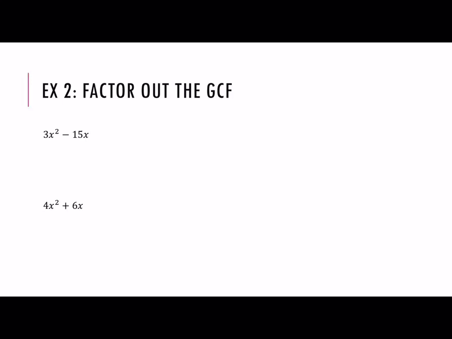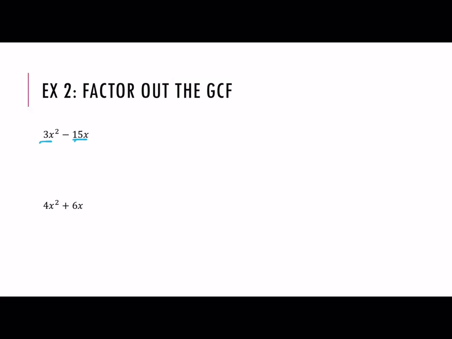Okay, so two quick examples of factoring out the greatest common factor, because this is part of breaking an expression down into its prime factorization or its irreducible factorization. All right, so we look for the greatest thing that can be divided evenly into all terms in the expression.